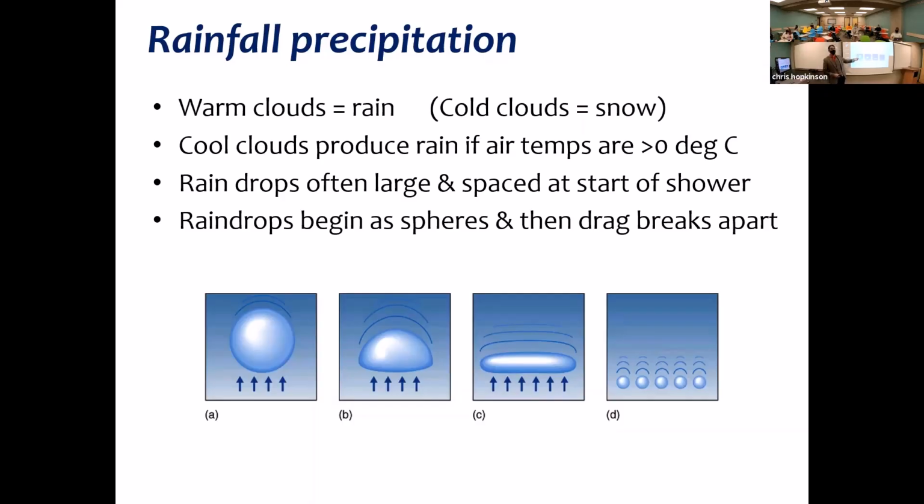Because as soon as they leave the home base, the cloud, where they've been constantly nourished by 100% vapor or 100% relative humidity, now they've been flattened because they're moving very quickly at terminal velocity, and they've been evaporating, and they break up, which increases the surface area, which also increases the efficiency of evaporation. And so that's why, if you were able to measure the precipitation shortly beneath the cloud, and then measure precipitation as you go down, you should see that the amount of moisture at each layer would go down as you get closer to the ground.